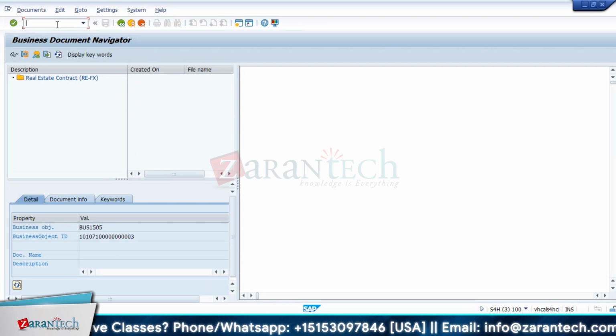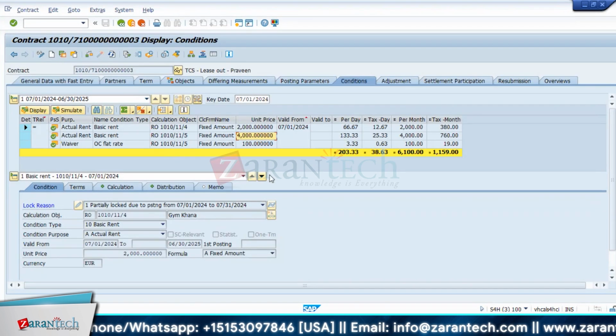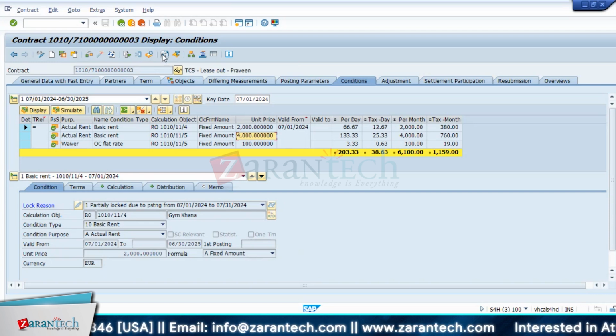Can you go back to your contract and click on that master data sheet again? Let's see. Nothing is happening. Can you click on the right icon, that Office, print office?